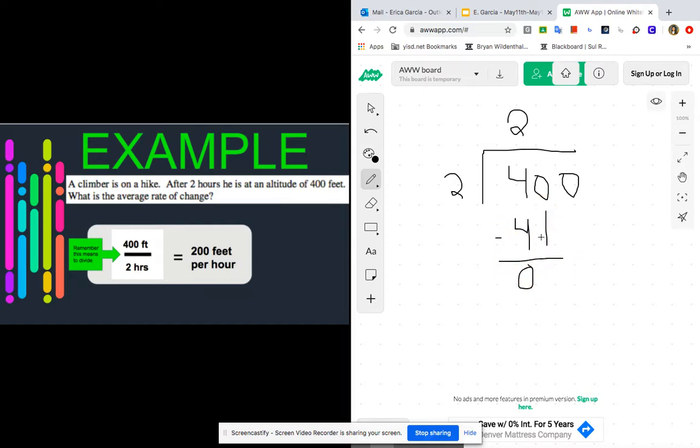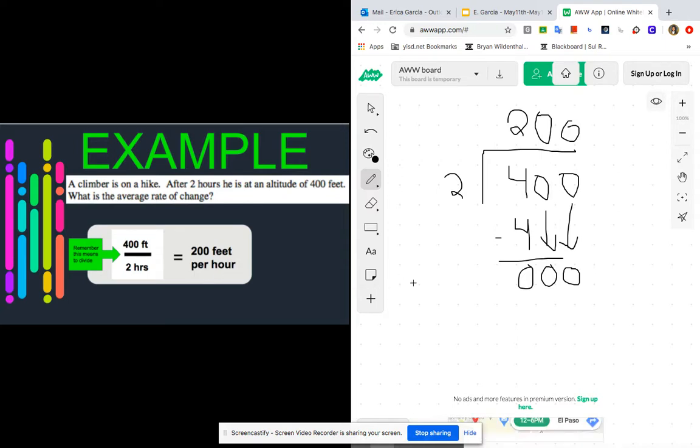Bring down the 0. 2 goes into 0 0 times. Bring down the other 0. 2 goes into 0 0 times. When we're doing that, notice how we have feet and hours as our units. So that's why in our answer we get 200 feet per hour.